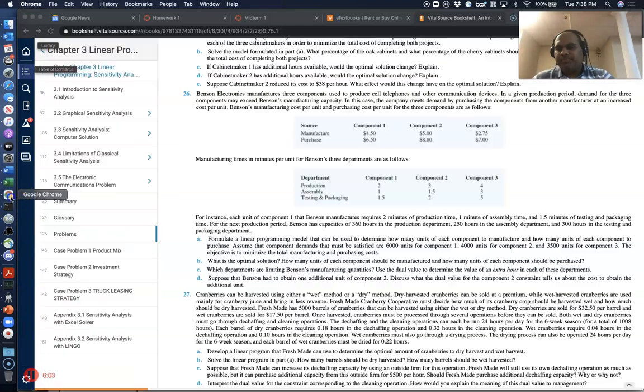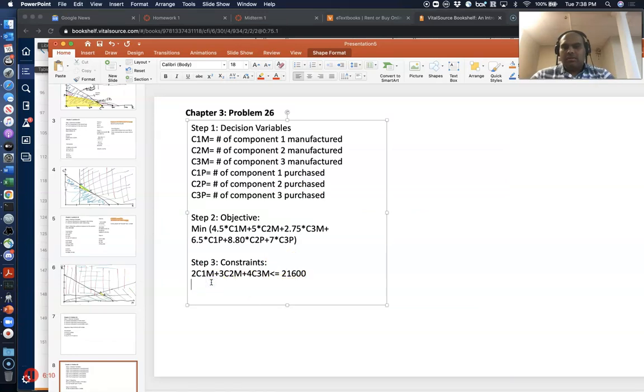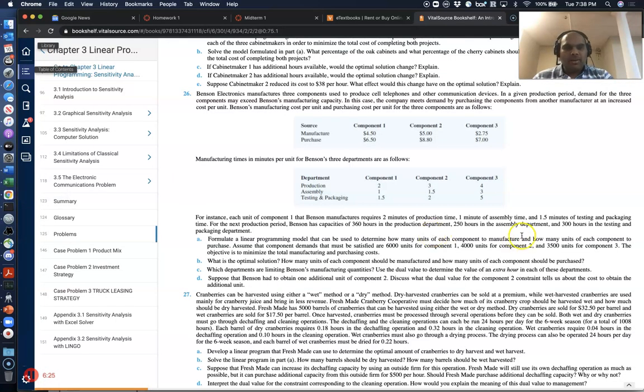Similarly, for the assembly time, 3, 1.5 for C2M, and 3 for C3M is less than or equal to 250 hours that's available.